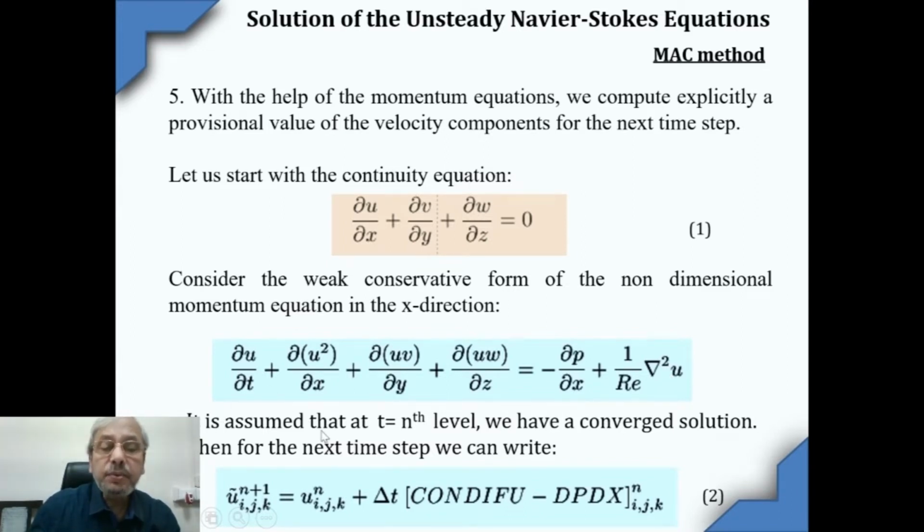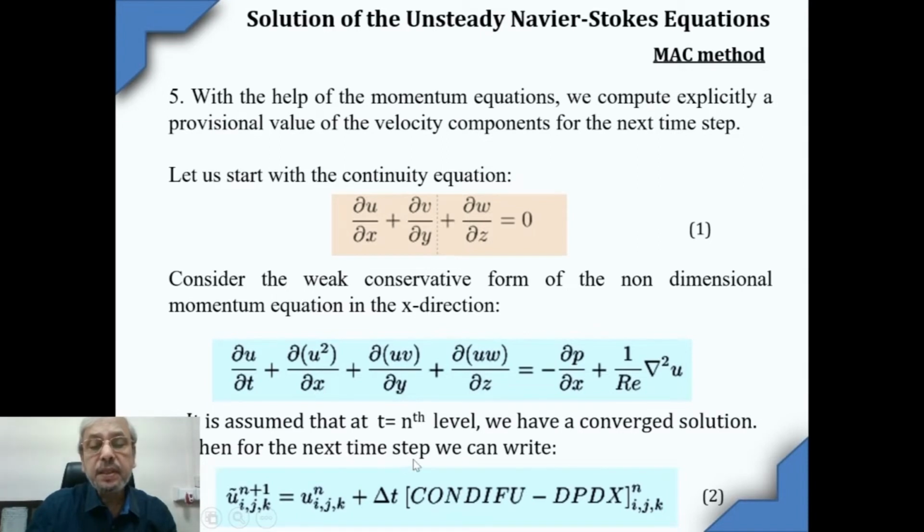It is assumed that at time t equal to nth level we have a converged solution. This can be the initial solution also, or initial values can be used in such a way that they can be considered as the nth level solution.